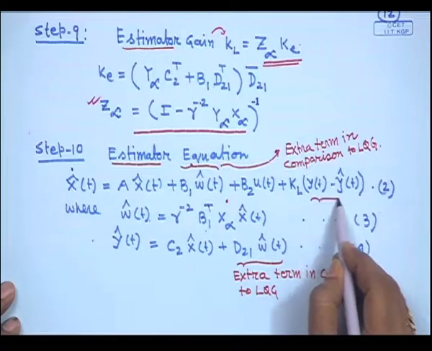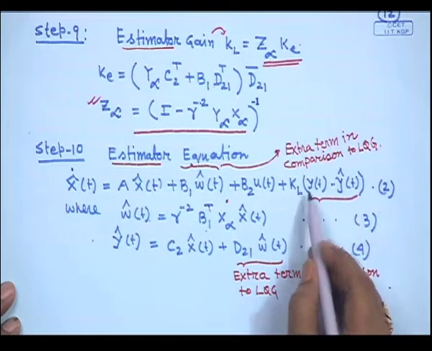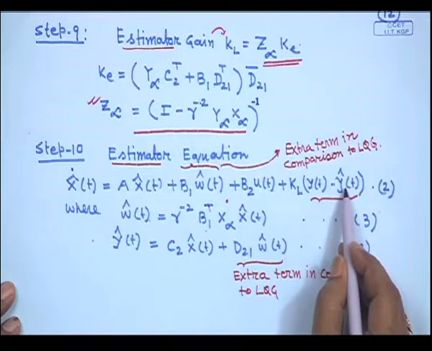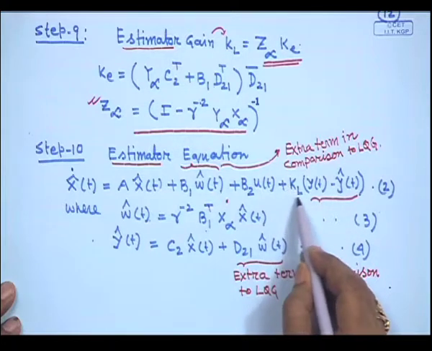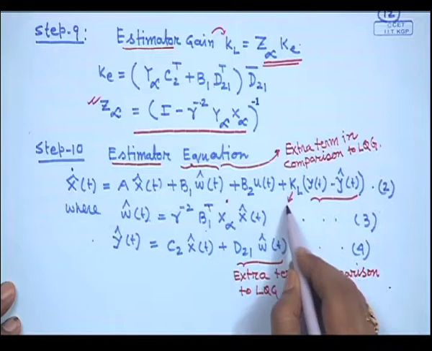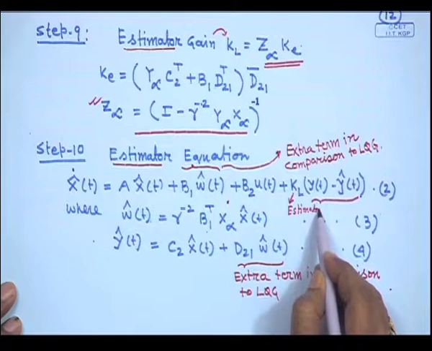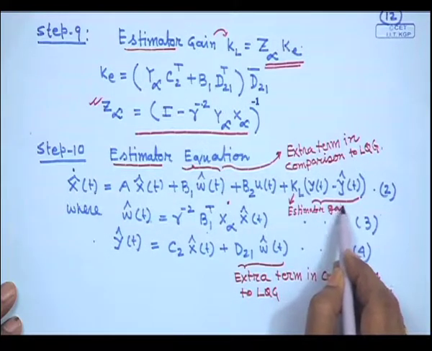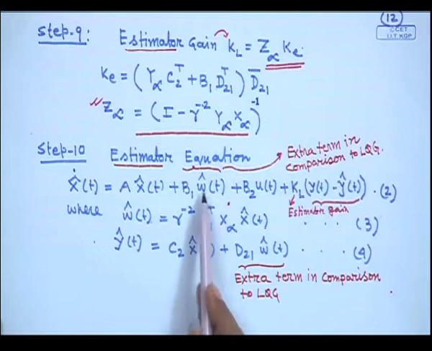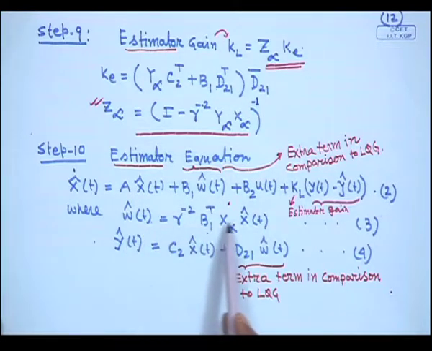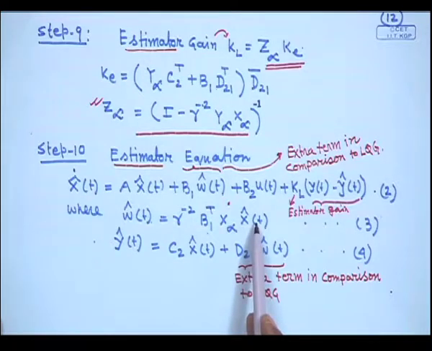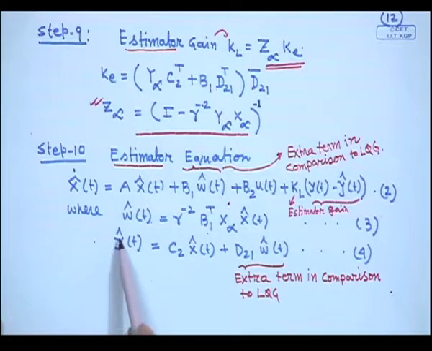This is the output measurement error, the actual measurement minus the estimated measurement, multiplied by what is called the estimator gain. So, this is how w hat is calculated, in this right hand side everything is known to us, and y hat, the estimated value of the output, is that one.